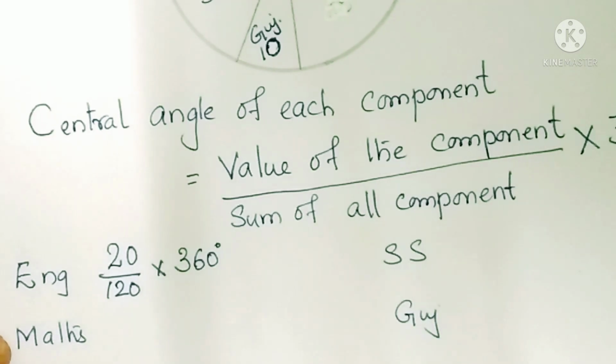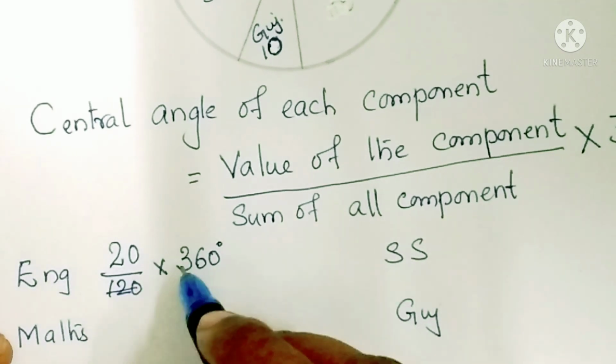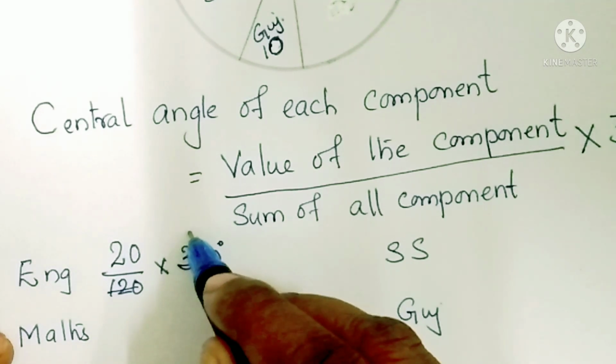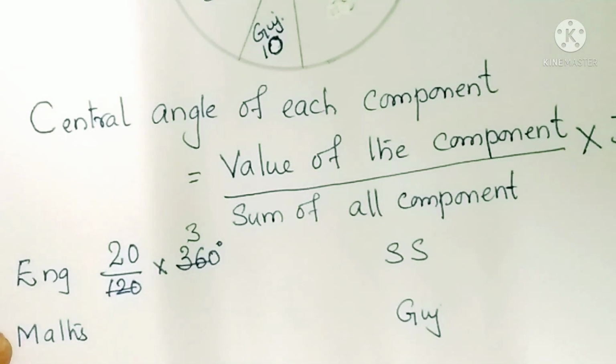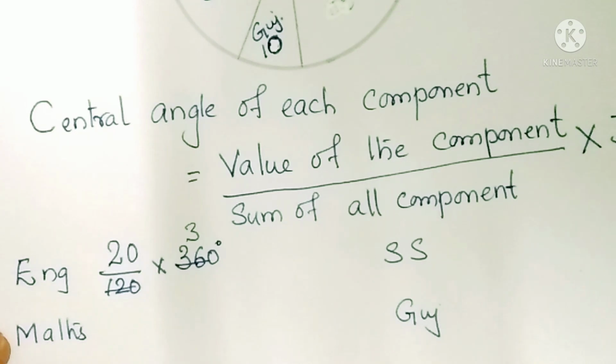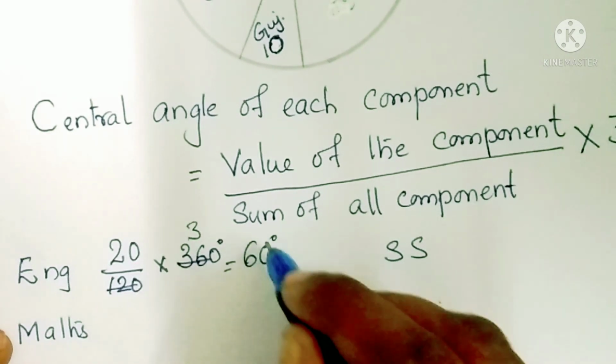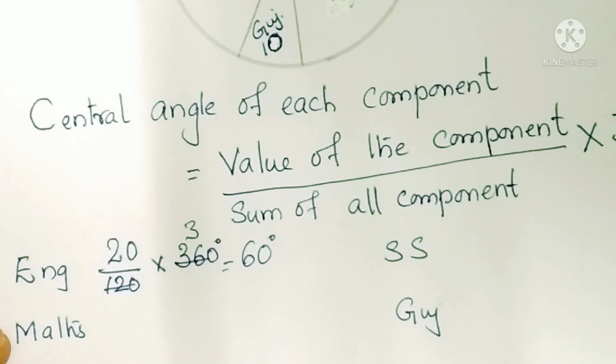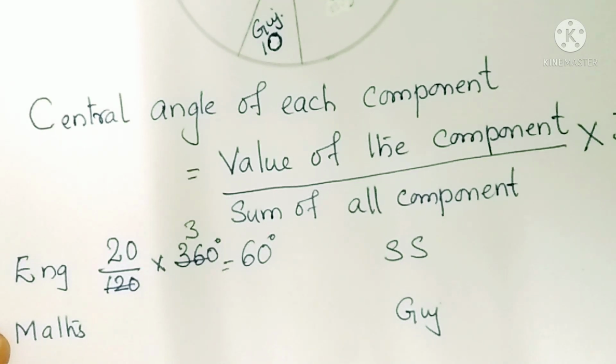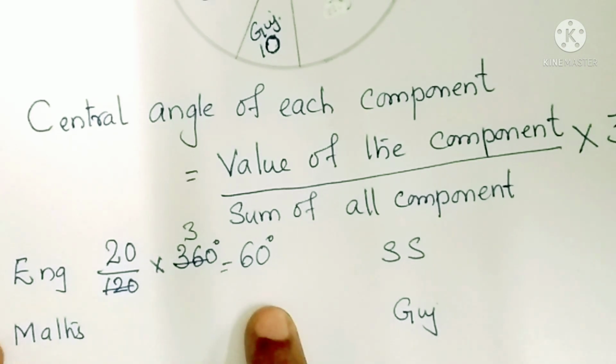This 360 is degree. Now, 12 3s are 36, so this gets directly cancelled. So, it is 2 3s are 6, 60 degree. So, when you draw the sector for English, the central angle should be 60.